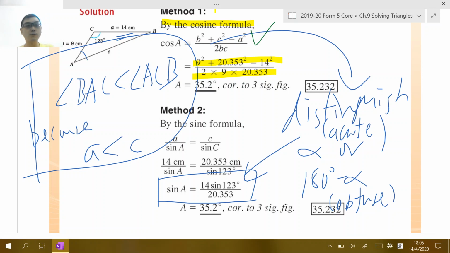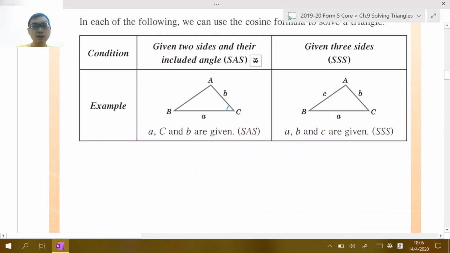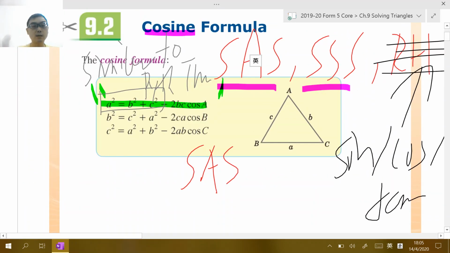But the disadvantage of using the cosine formula is that you have to remember the formula very correctly, because in the cosine formula, you can see there are squared terms, a minus sign, and also the cross term, for example 2 times b times c, with the cosine of the angle. So the formula itself may be longer compared with the sine formula.